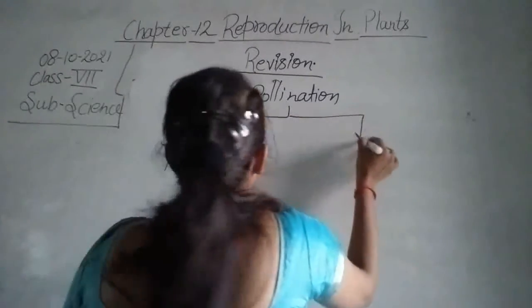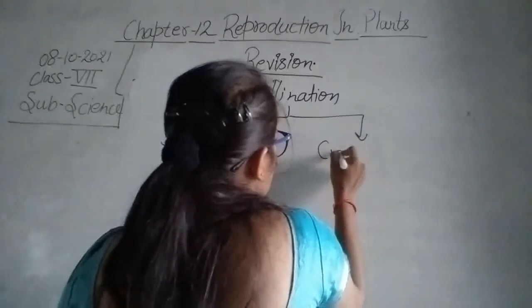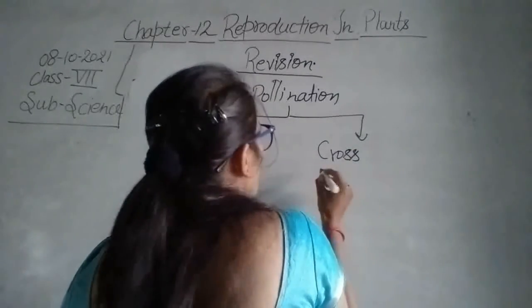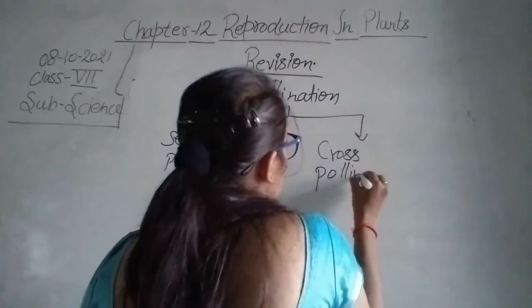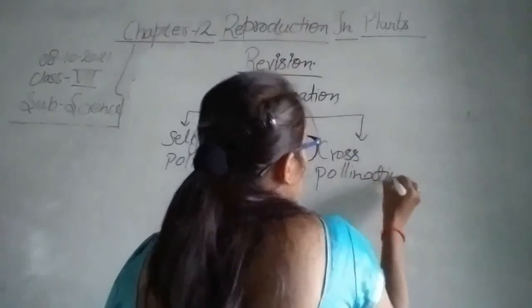It is divided into two parts. First is self pollination and second is cross pollination.